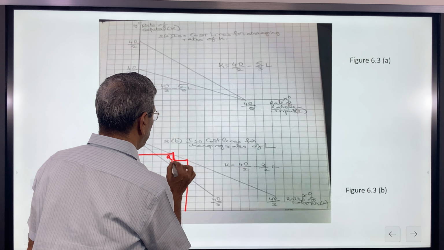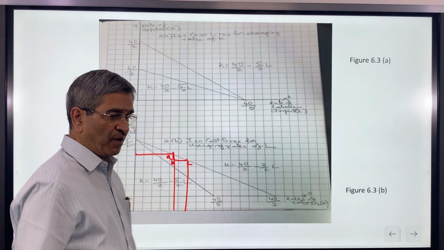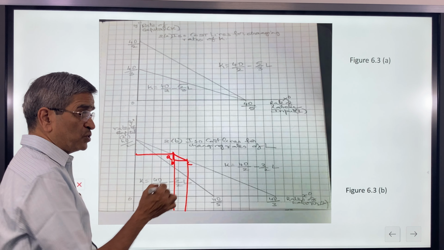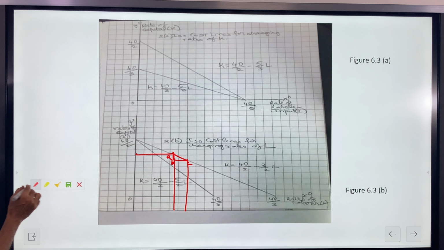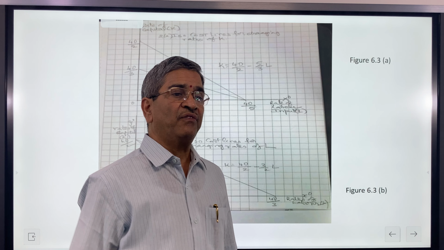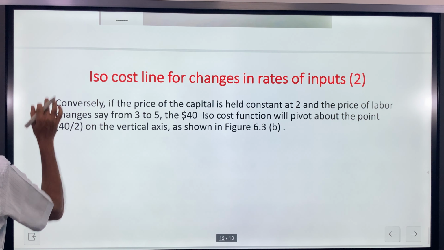A, B, C we have seen already. B by AB we have already worked out. So this is called the slope of the curve. The slope of the curve is decided based upon the rate of labor and rate of interest. If they undergo change, this will also undergo change.